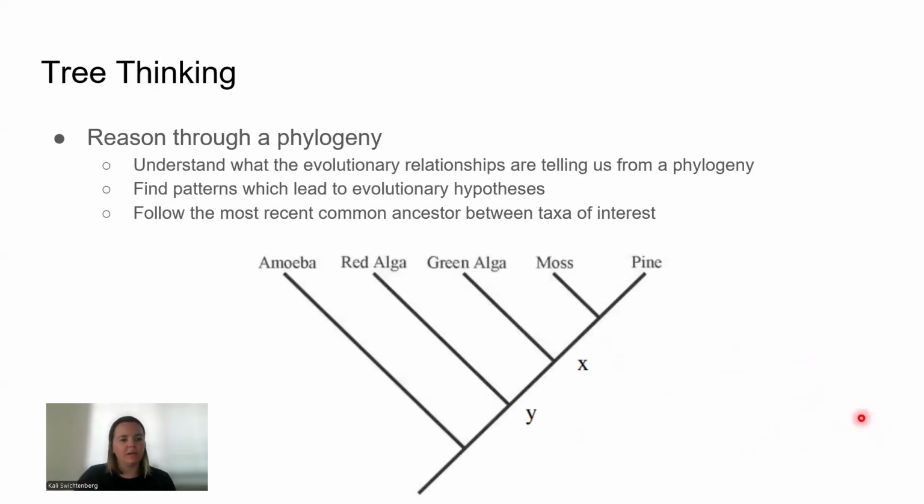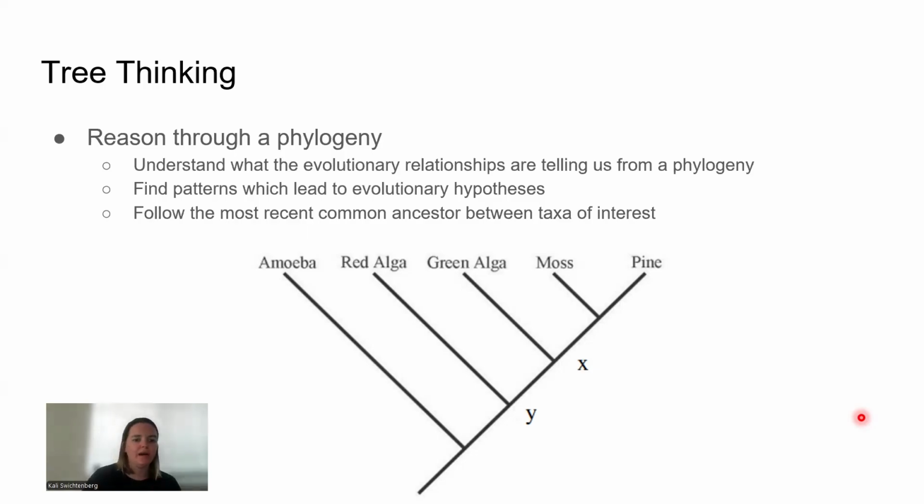One of the last things we're going to bring up is how to interpret your trees, and that's what tree thinking is. Tree thinking is, how do we reason through our phylogenies? How do we interpret our phylogenies to understand what they are telling us? This will lead us to be able to answer our evolutionary hypotheses of what's going on evolutionarily, right?